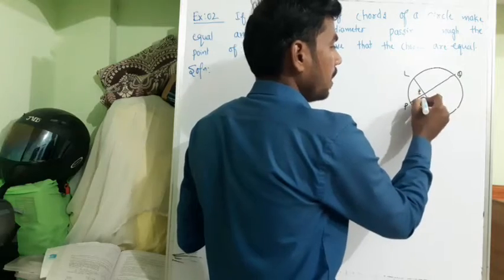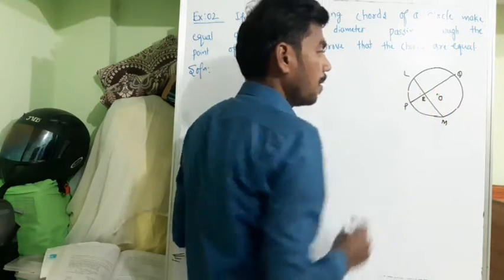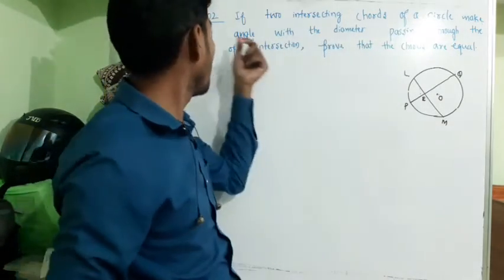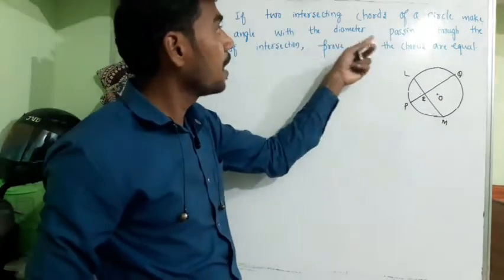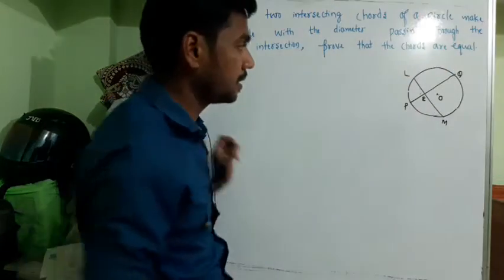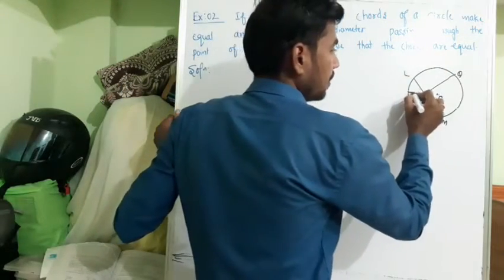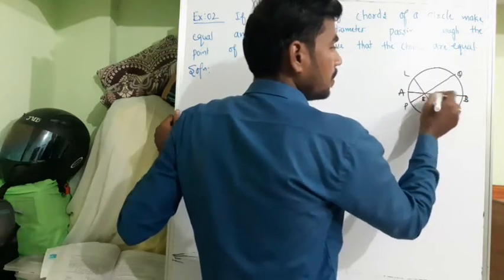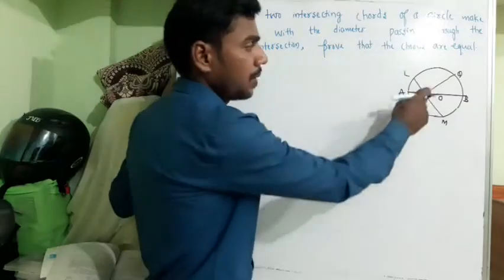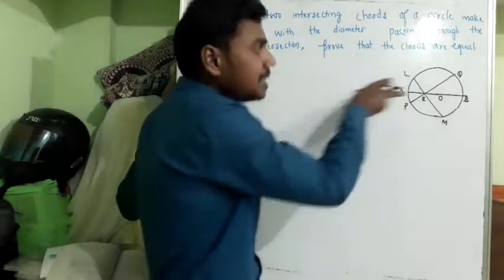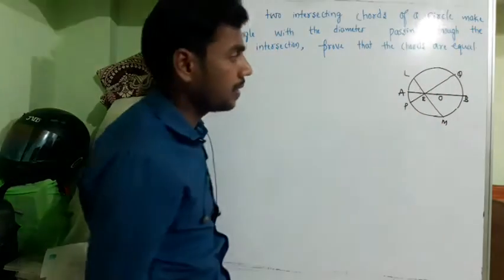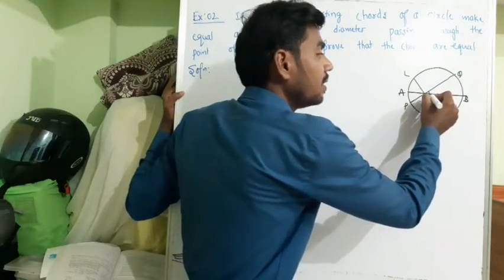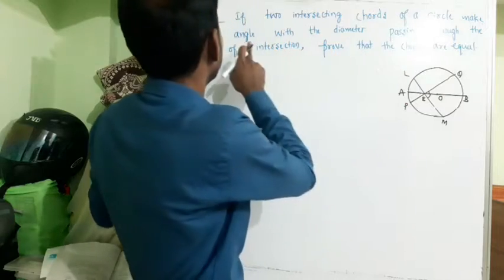Okay, point E. And one more thing they are telling: if two intersecting chords of a circle make equal angle with the diameter passing through the point of intersection. So there is a diameter AB that is passing through the point of intersection. E is the point of intersection, and AB is the diameter passing through it, making equal angles with the chords.